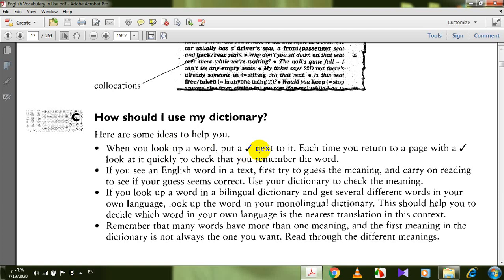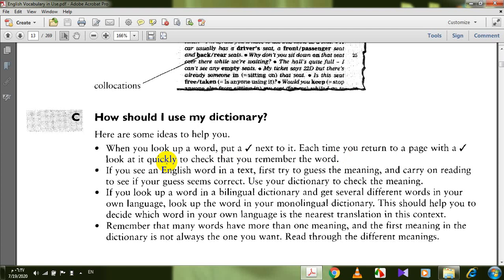It becomes familiar. Psychologically speaking, this is very useful because it gives you an opportunity to say, oh, I have already studied this word, so it is easy, it is familiar to me.